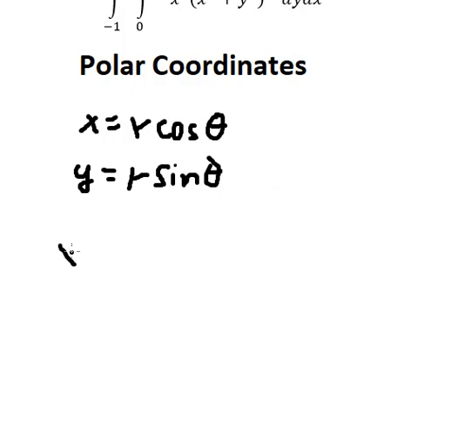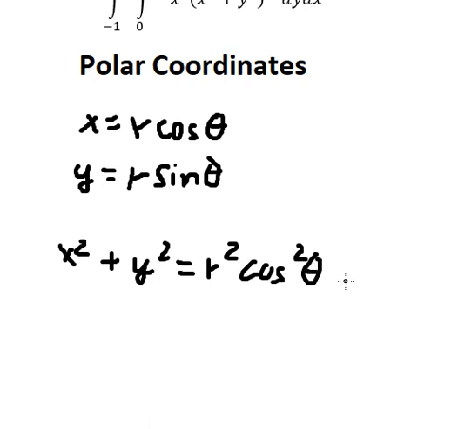and we know that x squared plus y squared. So I will put this one here and this one here. So we have r squared cosine squared theta plus r squared sine squared theta.